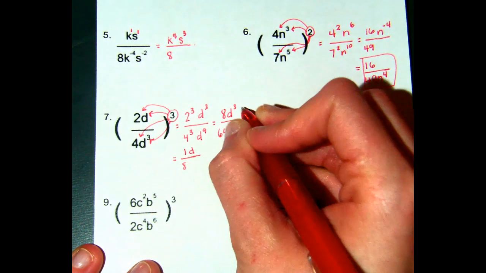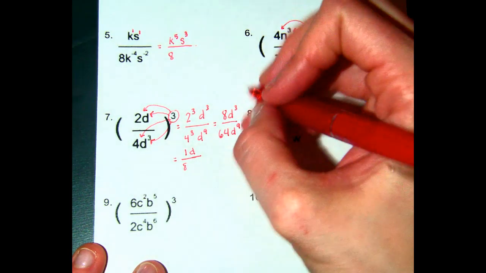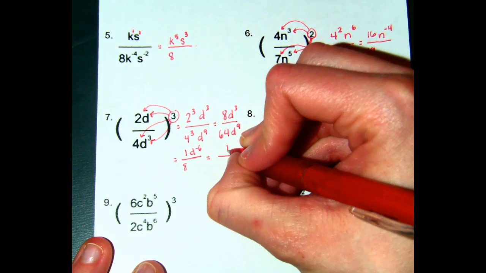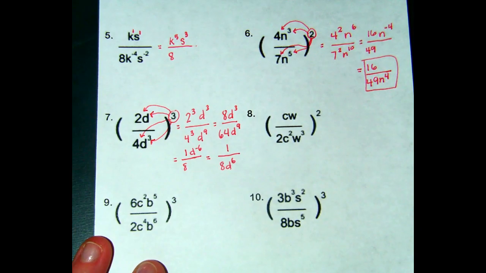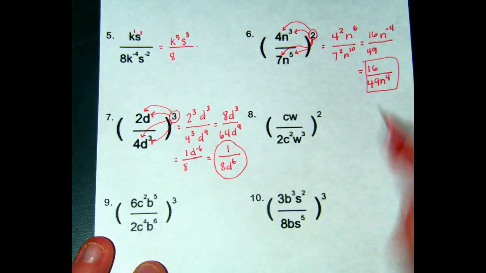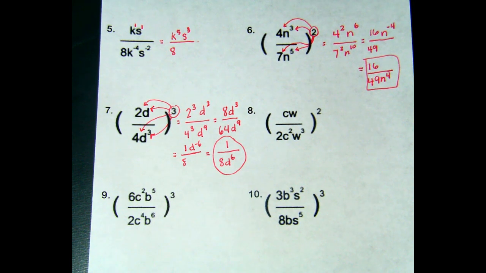And then I have d to the 3rd and d to the 9th. So 3 minus 9 is negative 6, which means still not quite done. The 1 stays, the 8 stays, but d to the 6th needs to come to the bottom. So also a good time to pause and look at these before you continue.